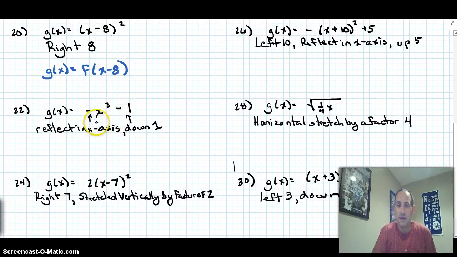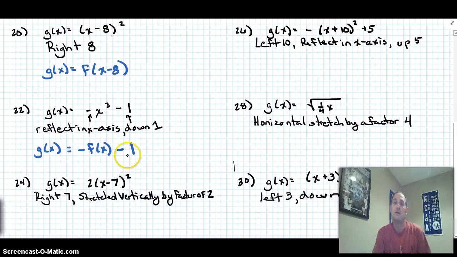Looking at this next one here, g of x, x cubed was the parent function. We multiplied it by -1, then subtracted 1. So we show that by saying negative f of x, that's multiplying it by -1, minus 1 at the end to show that part. On 24, you can see that the input has changed to x minus 7, so g of x is going to have to equal f of x.